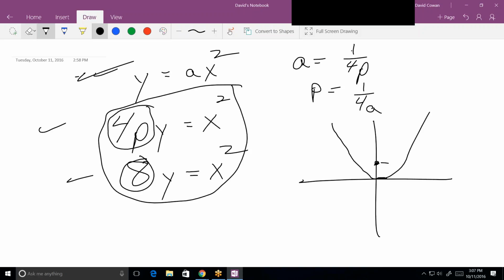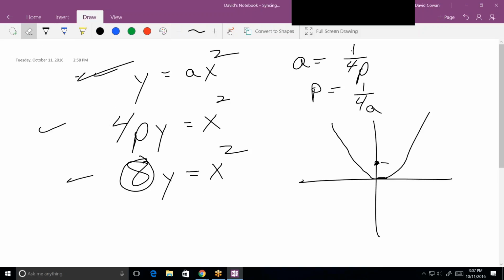So there's one advantage in this new format, and that is it makes it a little quicker to figure out what P is. Well, if the coordinates of the focus are 0, 2, which they are, what's the equation of the directrix? y equals -2.